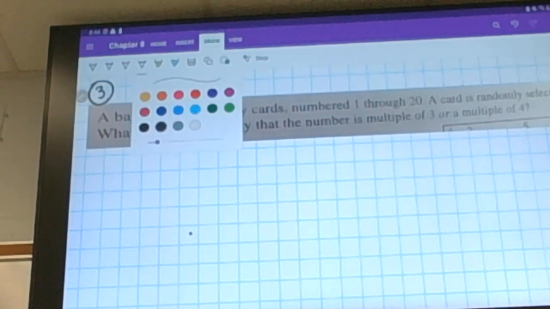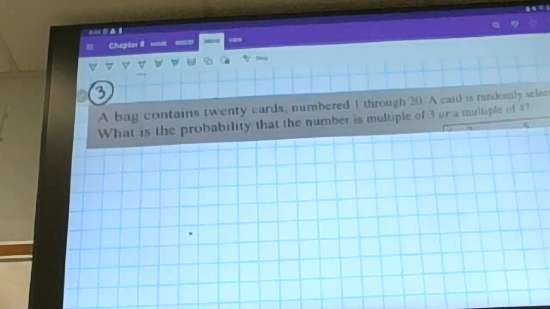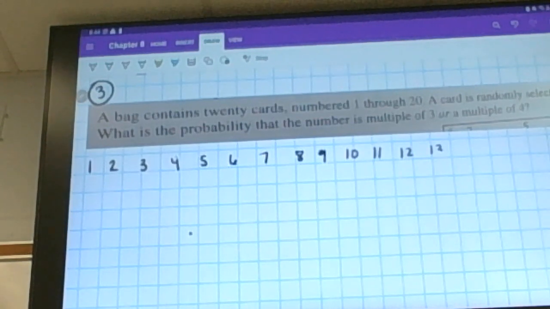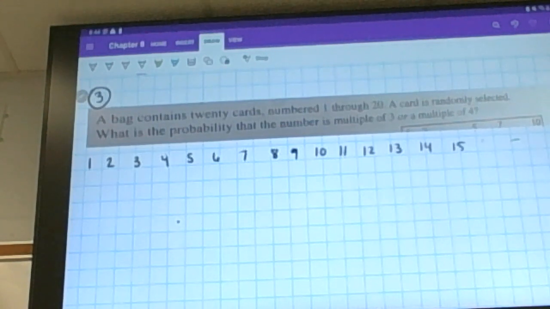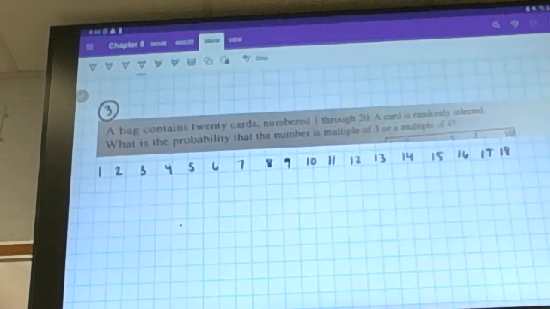I like to see, when possible, I like to see the sample space. So I'm going to write out 1 through 20. All right, there's all my cards.